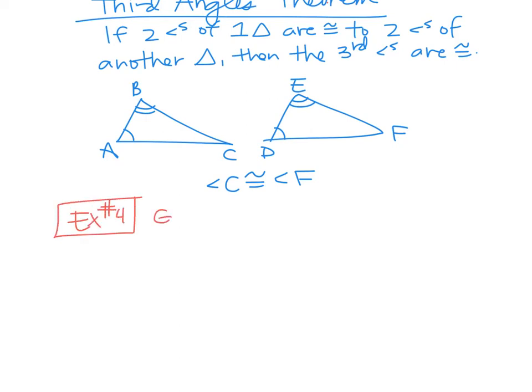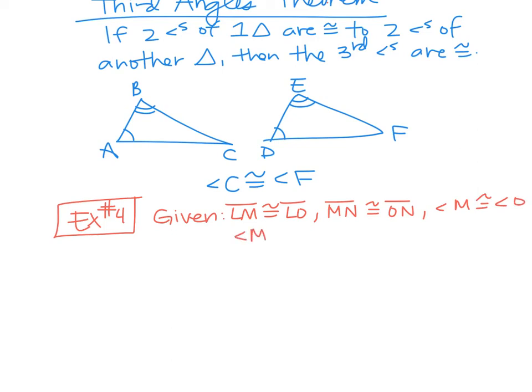They are gonna say, given all of this, LM is congruent to LO, MN is congruent to ON, angle M is congruent to angle O, and angle MLN is congruent to angle OLN.